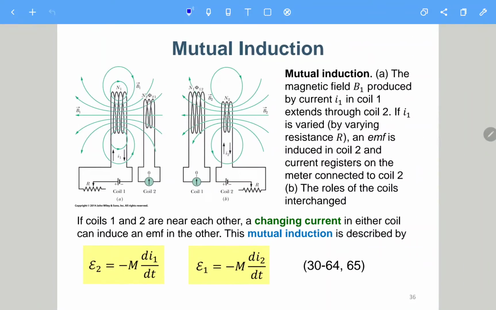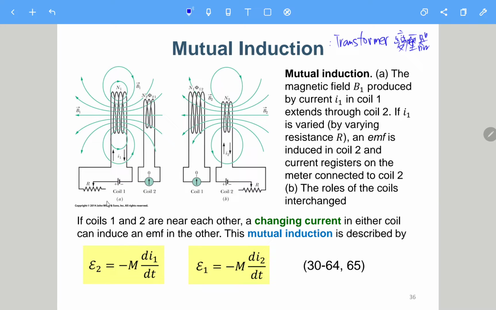Okay, so here we talk about the mutual inductance, or you can just regard it as a transformer. Okay, so here, in the figures you can see we have two coils. This is the first one. This is the second one.